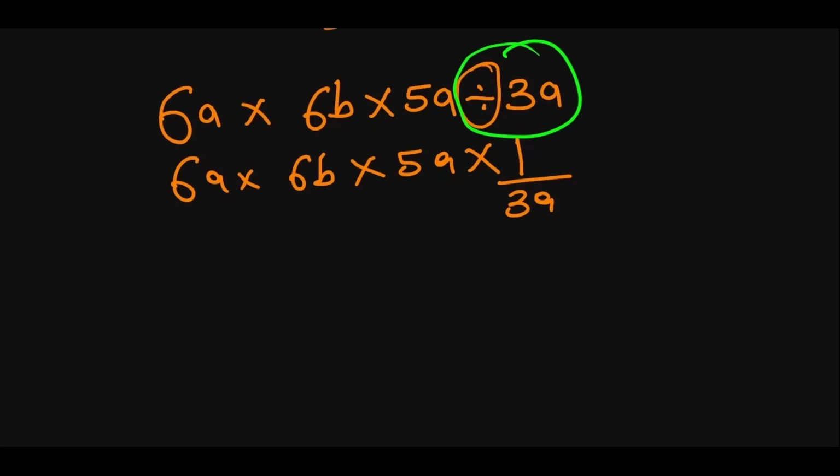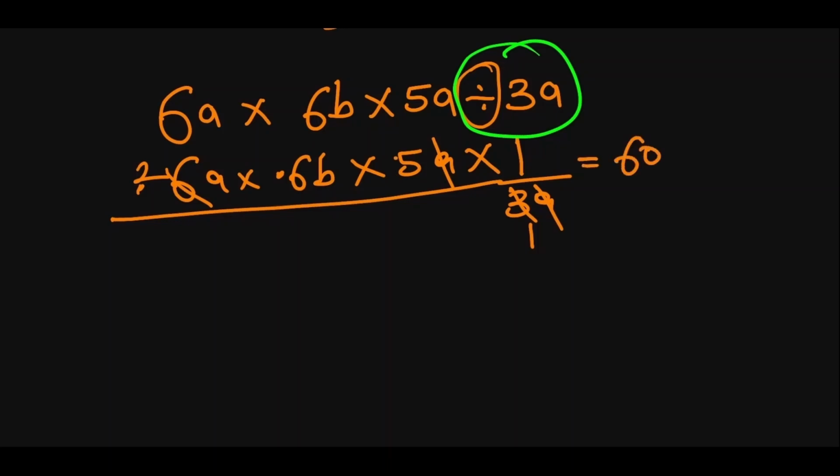So this is the same thing as saying we can now cancel out because we can pull this over. 3a is below. A cancels one of the a's. 3 divided by 3, 1. 6 divided by 3, 2. So we multiply what is left. 2 times 6, which is 12. And then 12 times 5, which is 60. What of the letters? Letters that are left, a, b. So that is 60ab.